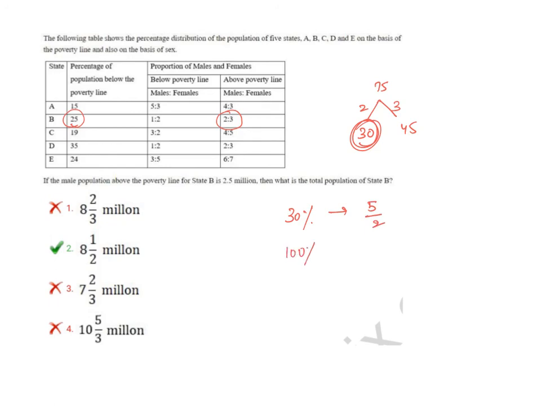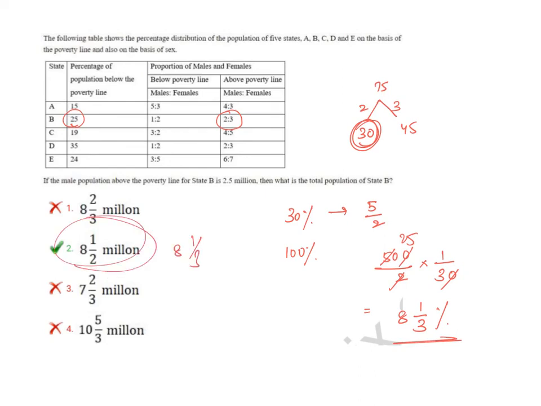That is 100%. So you can cross multiply again. 500 by 2 divided by 30. 0 0 cancel. 2 1s are 2, 2 5s are 10. So it is 8 1 by 3 million is the correct answer.